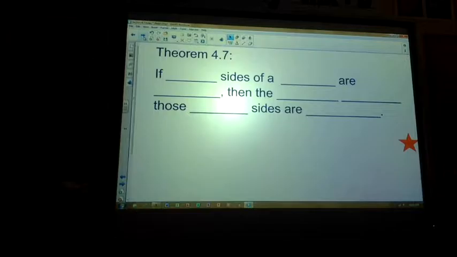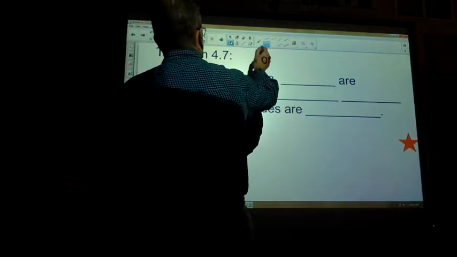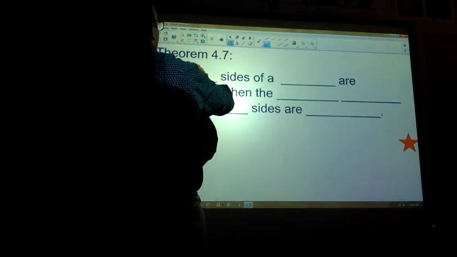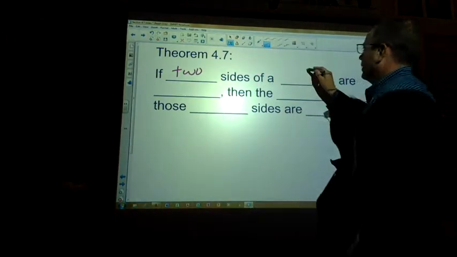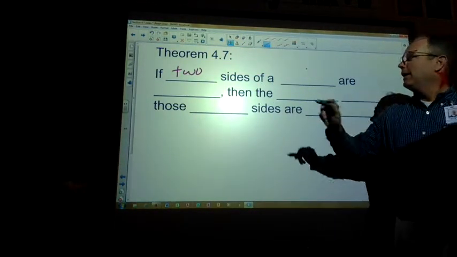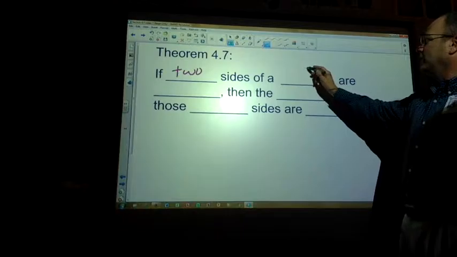Theorem 4.7. If blank sides of a blank are blank, then the blank blank, those blank sides are blank. If 2 sides of a triangle, I bet you we're going to say isosceles.